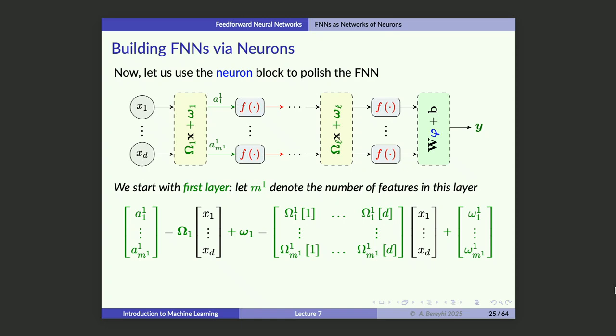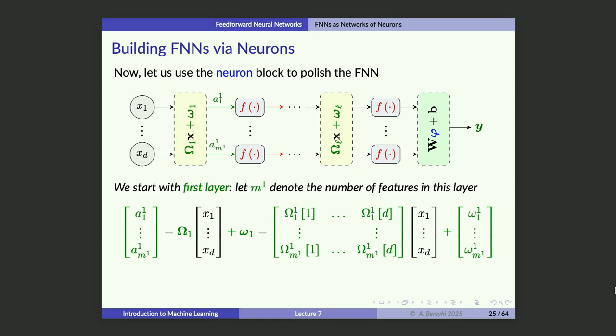Now, if instead of the first entry, I think of entry j, what's going to change in this summation? The index is going to be j, right? So this is going to be j, this is going to be j, this guy is j, and this guy is j as well, meaning that I'm going to have j here as well, right?